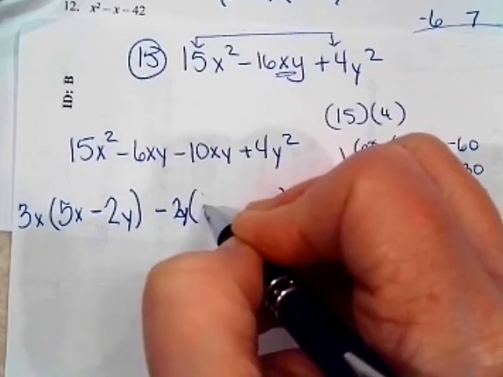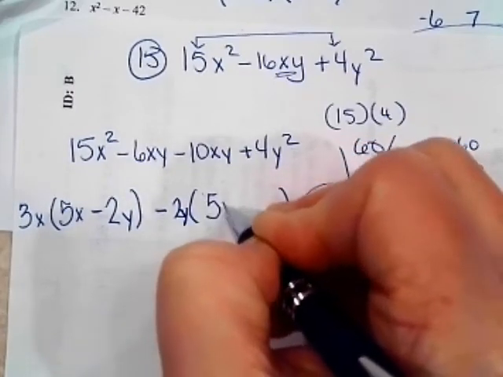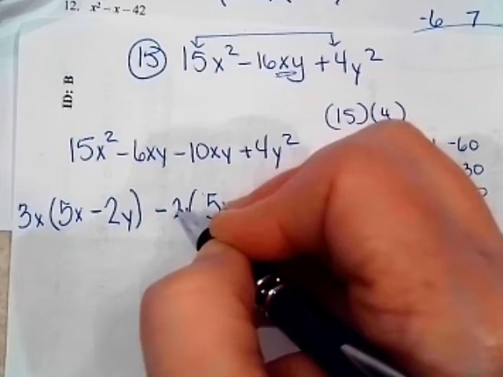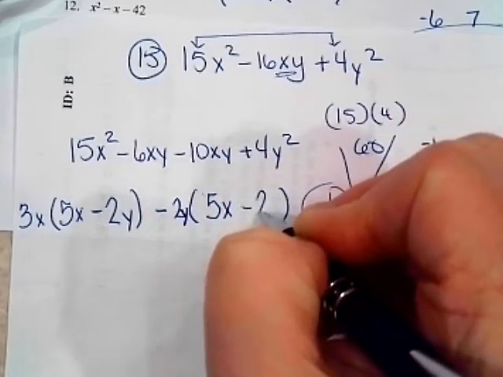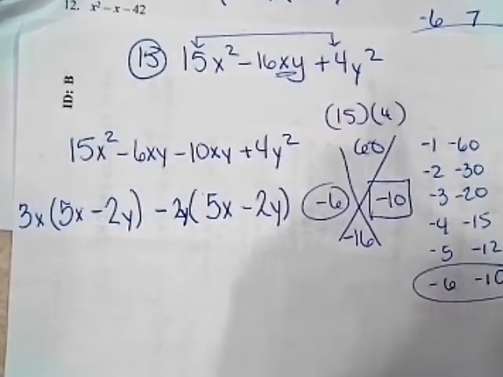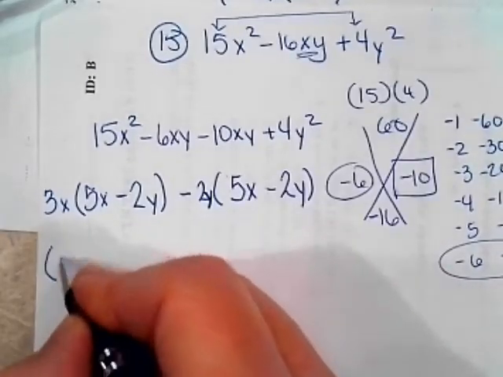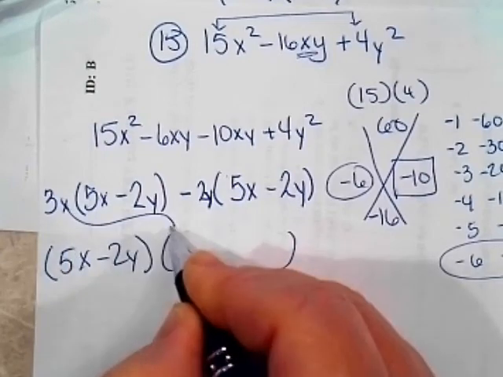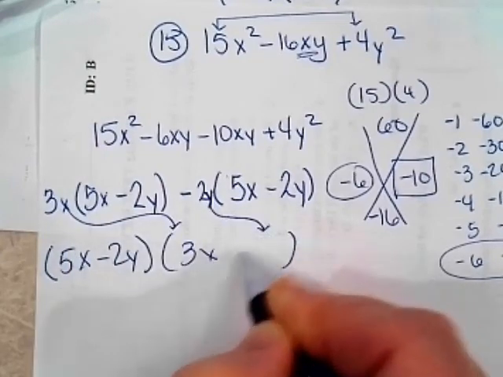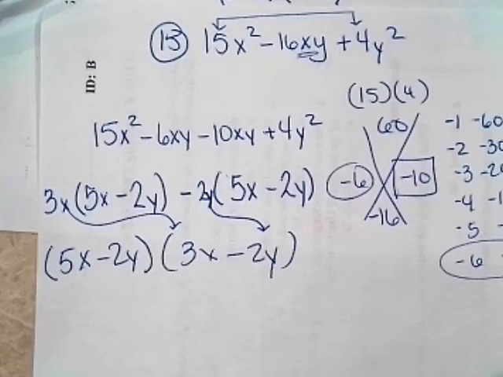Negative 2y times 5x and negative 2y times negative 2y. Now the stuff in the parentheses is the same. And the second parenthesis is 3x minus 2y. So this is the answer to number 15.